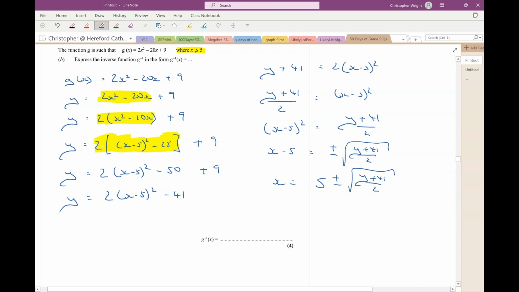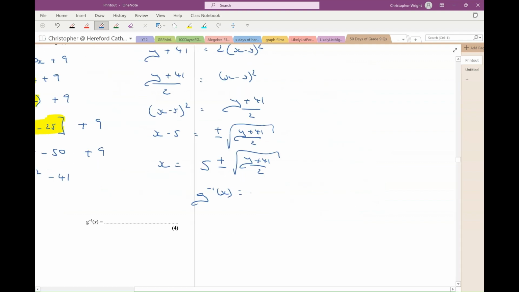So it looks to me like the inverse function is going to be, let me write that a bit more clearly, 5 plus or minus the square root of x plus 41 over 2.